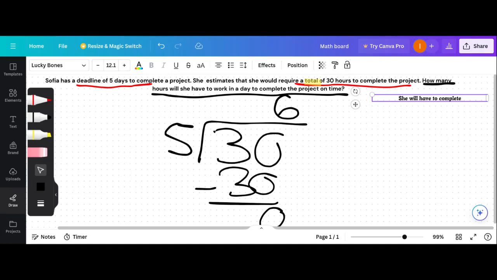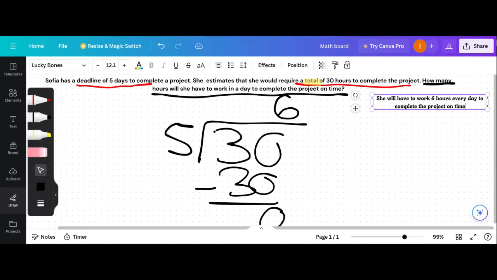no, she will have to work 6, which is what we got, hours every day to complete the project on time.